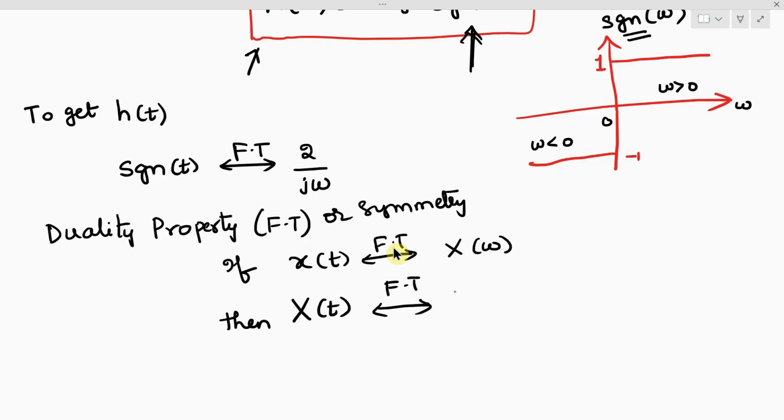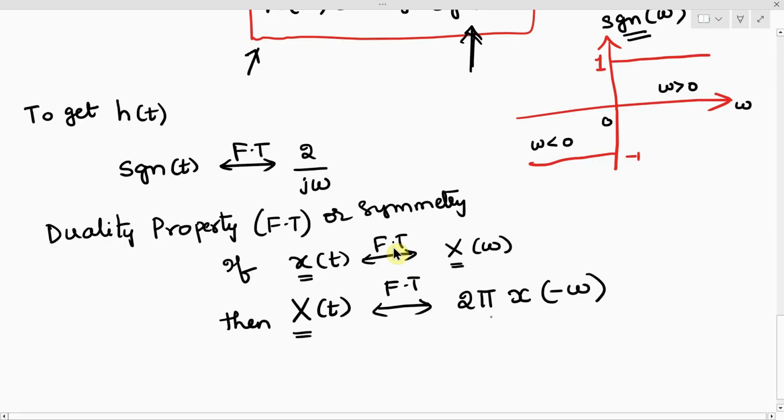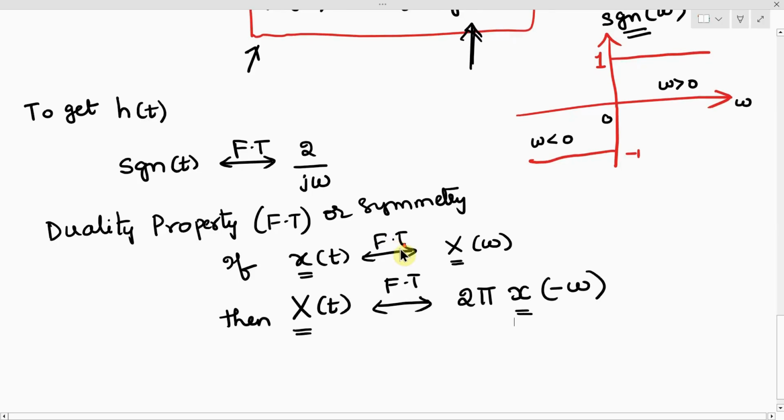The Fourier transform will be, can you please tell me the result? 2 pi x of minus omega, where small x is in the time domain and capital X in the frequency domain. Now capital X in the time domain will lead to 2 pi times small x of minus omega in the frequency domain.